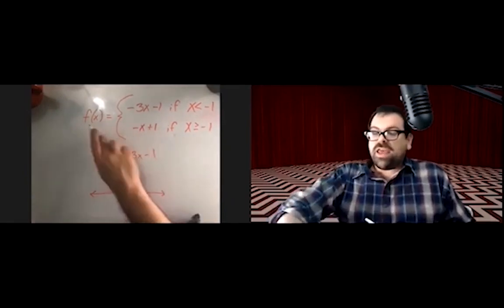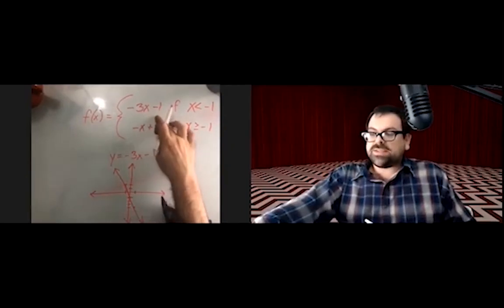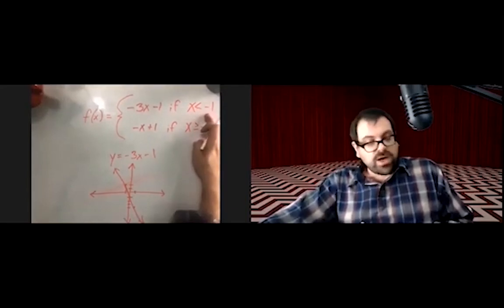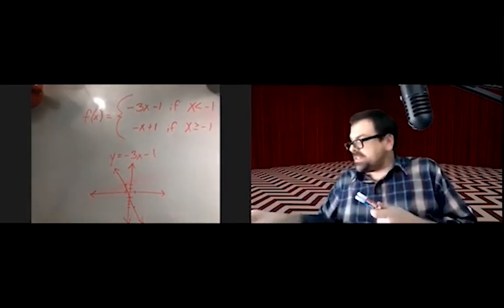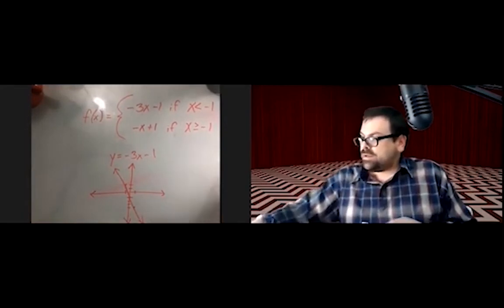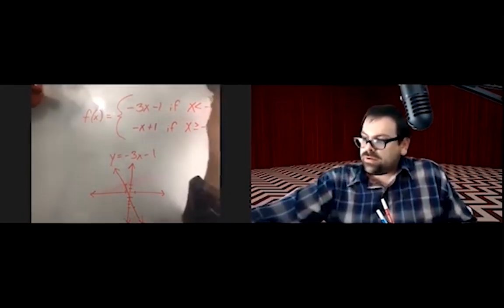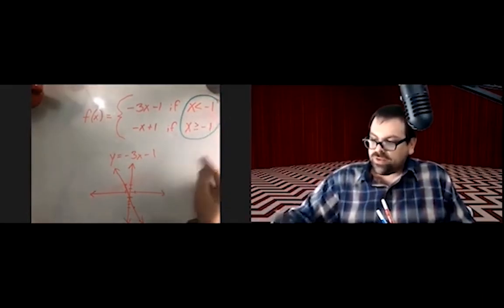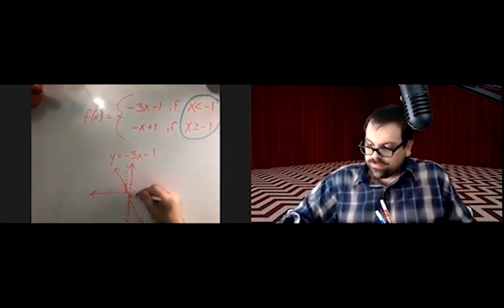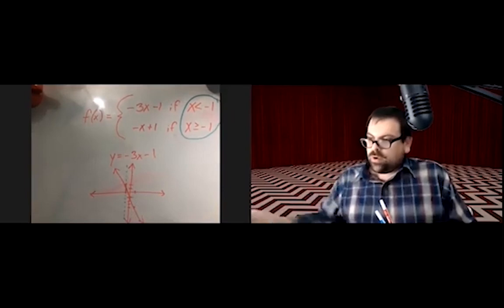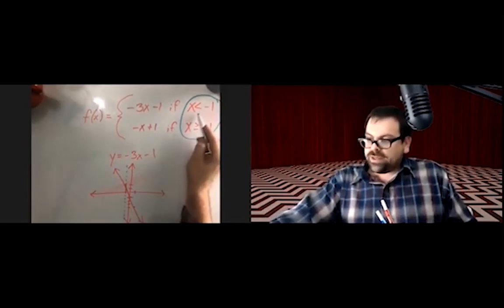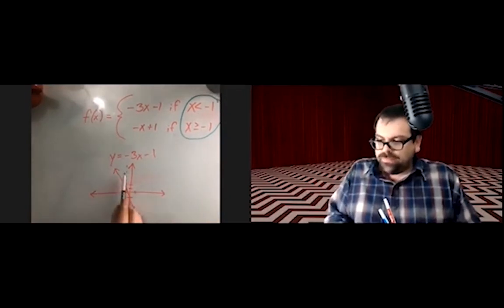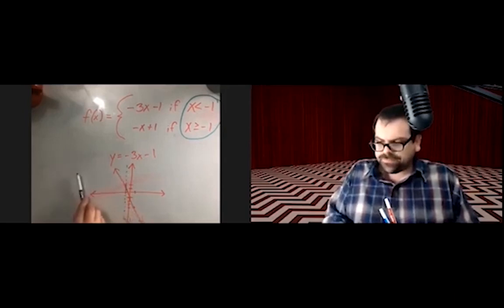Now, what this means, f of x equals negative 3x minus 1, if x is less than negative 1, is that at this negative 1 barrier, where we're split between less than and greater than or equal, when x is less than negative 1, we have this graph. So we have this graph everywhere to the left of this dotted line.